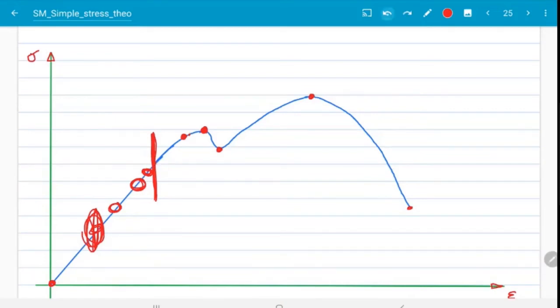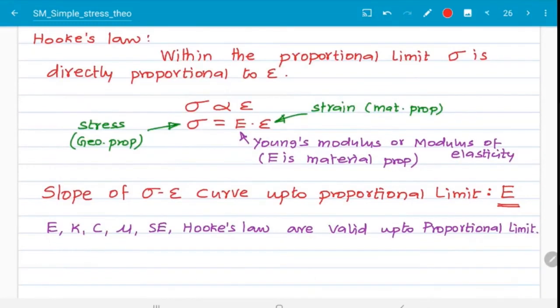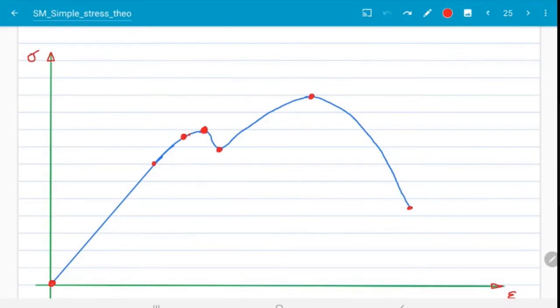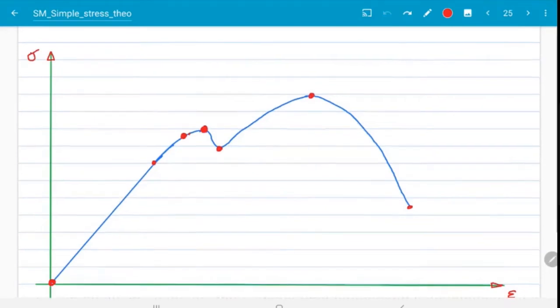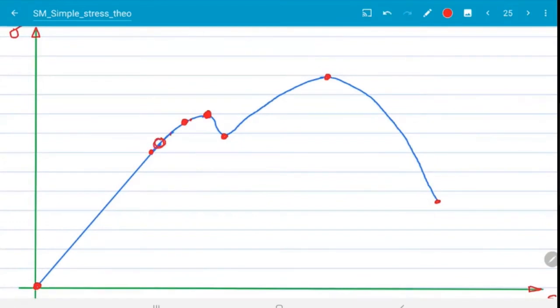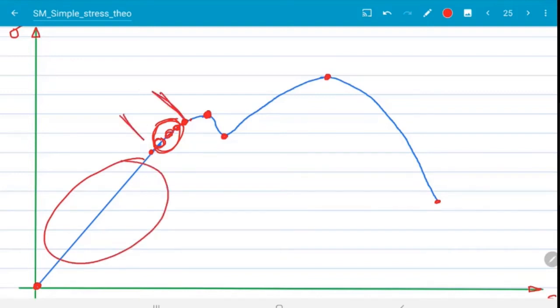Excuse me, sir. What happens to strain energy after the proportional limit? Here, energy will be there. It can be recovered, but we don't have the formula, right? The same mechanism is happening between proportional limit and elastic limit also.